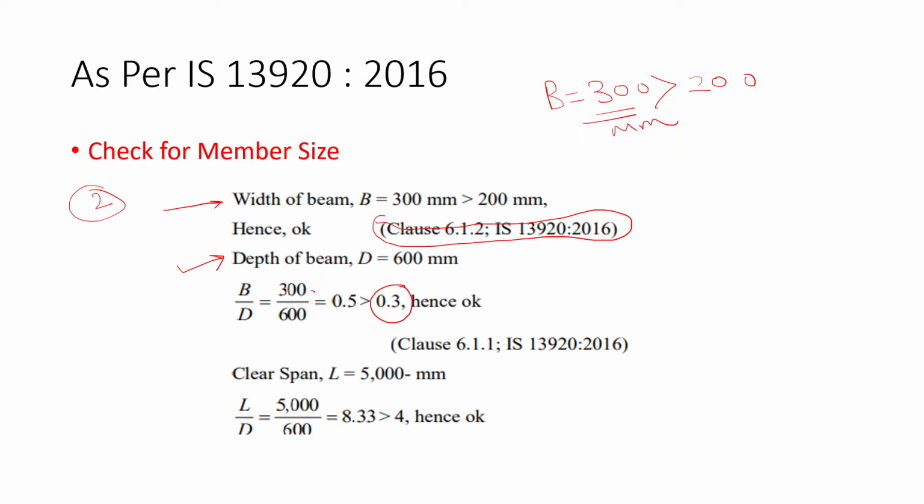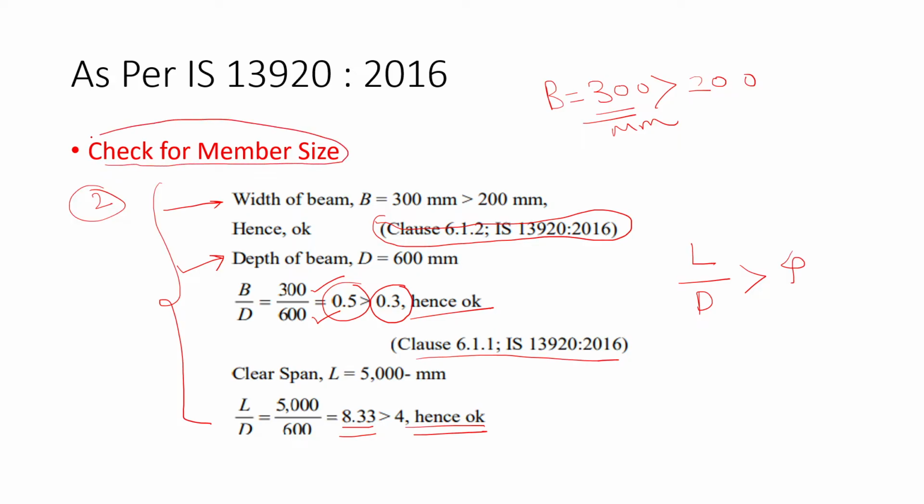We have taken B 300, D 600 and our ratio is 0.5, hence okay. Now clear span, that is L by D, clear span divided by depth, should be greater than 4. We have put it in a different form; you can write it in this form also, which comes out to be 8.33. Hence okay. So all the clauses related to the check for member size are satisfied.